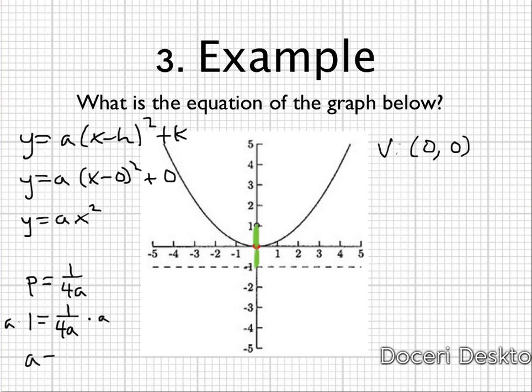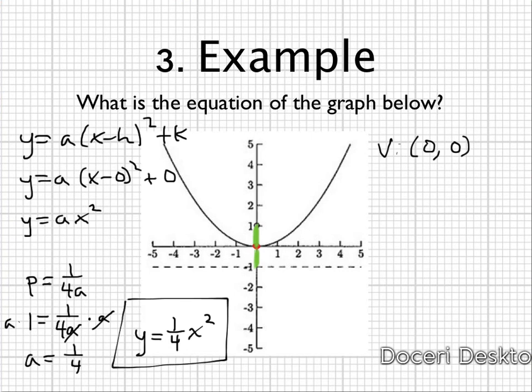So I get a equal to 1 over 4 because the a is reduced on the right. So that means my a value is 1/4, which means my final equation is y equals 1/4 x squared. So that's an example of taking a graph and getting the equation.